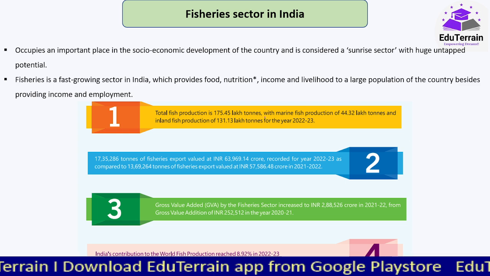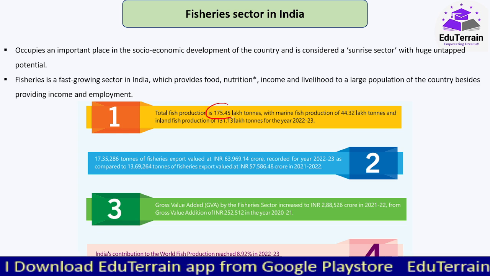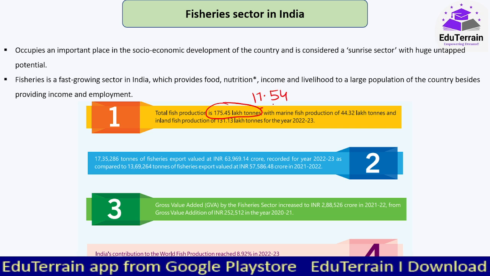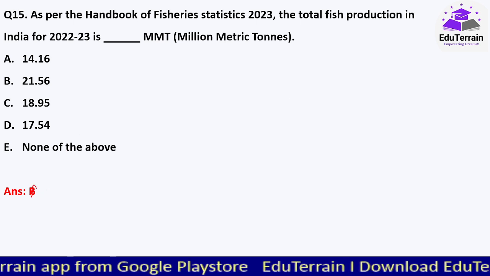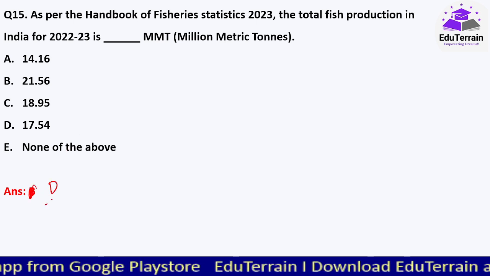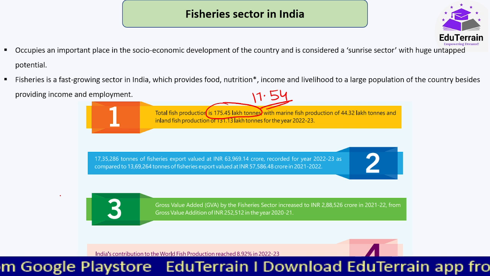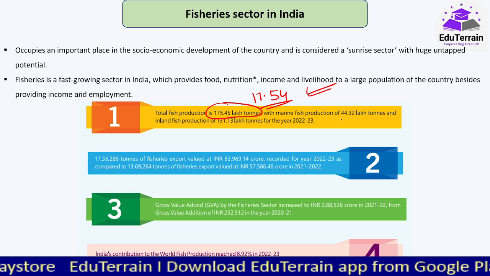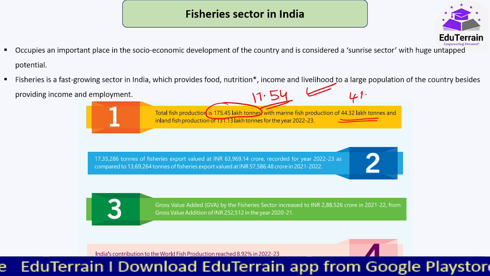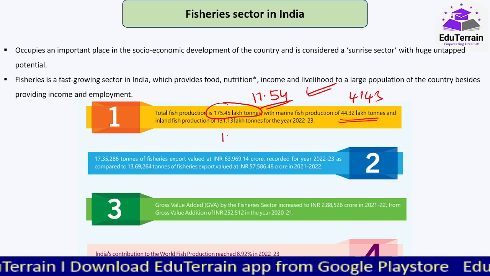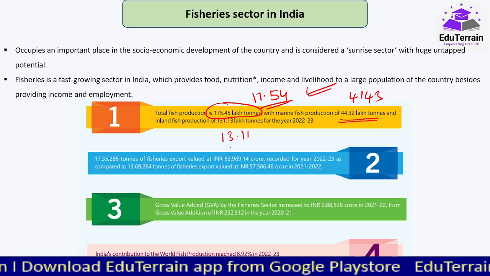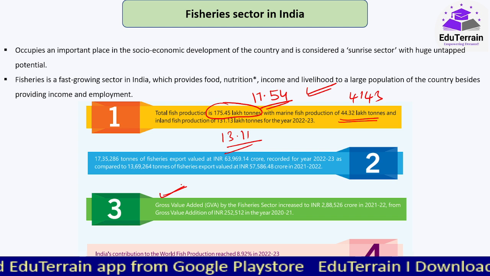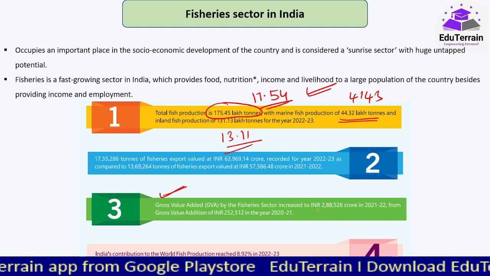I'm really sorry, I made a mistake here, so I will make a correction. Okay, 17.54 million metric tons, of which marine fish production is 4.43 and inland fish production is 13.11.